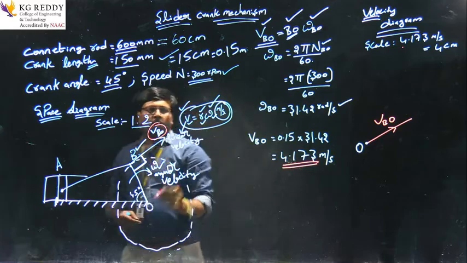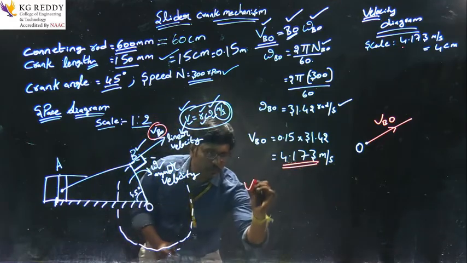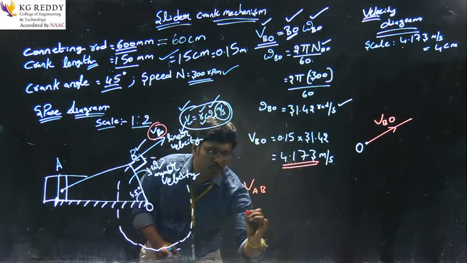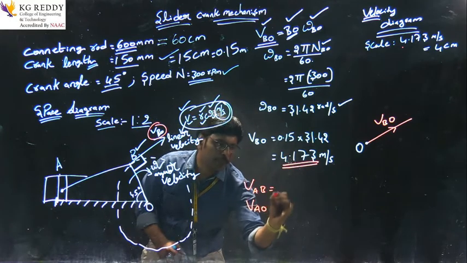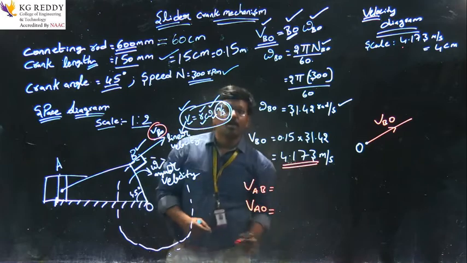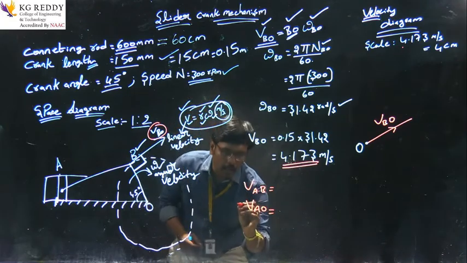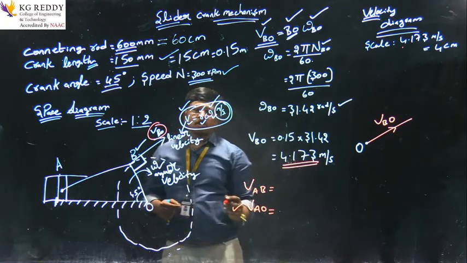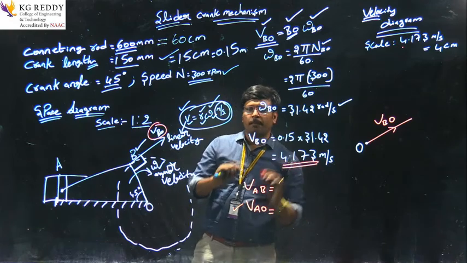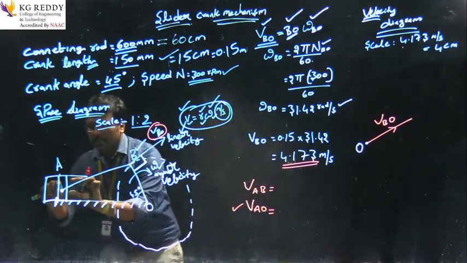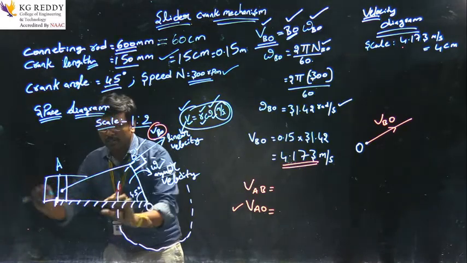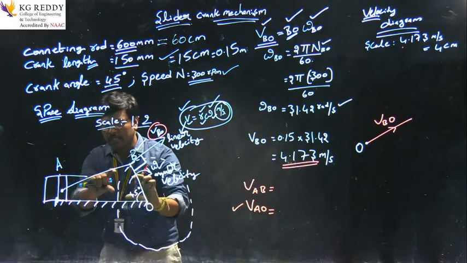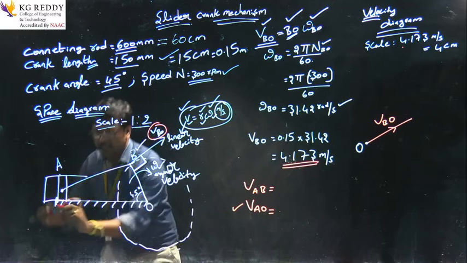Next, I need velocity. I am going to explain this velocity of A with respect to O. If you see here, A is sliding over here in this direction.